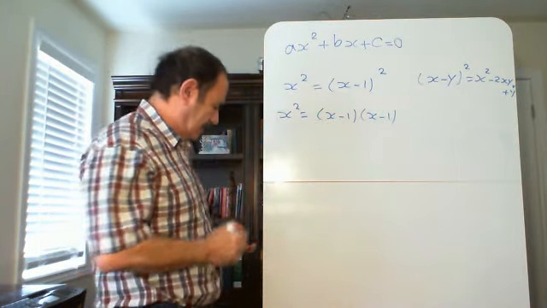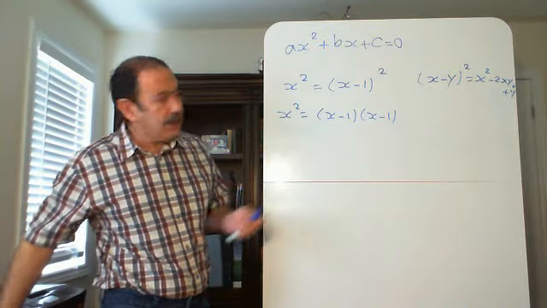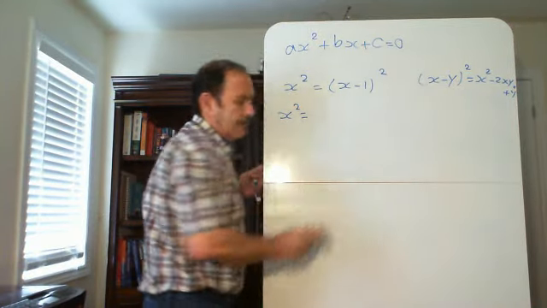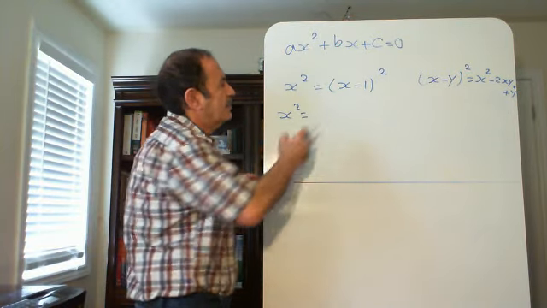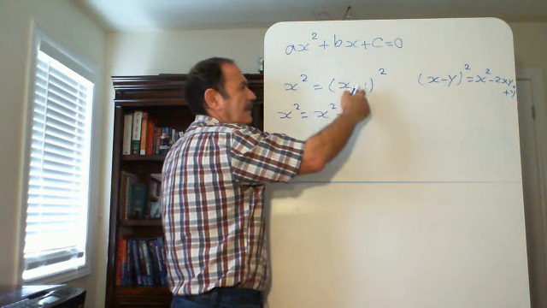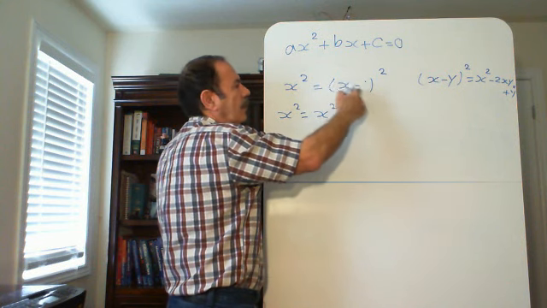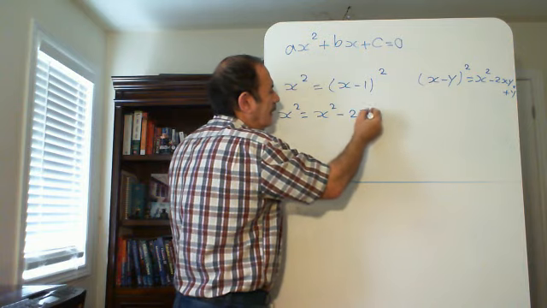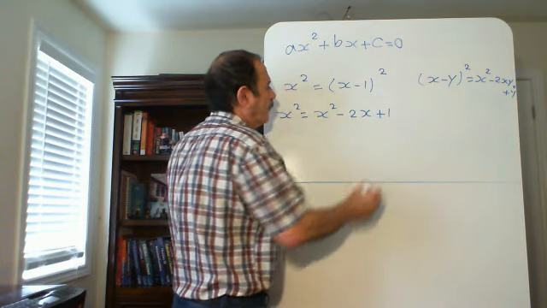But anyway, we can do it in any method that you like. I want to use that formula. So it's going to be x squared minus first times next times 2. 1 times 1 is 1 times 2 is 2. So minus 2x plus 1.